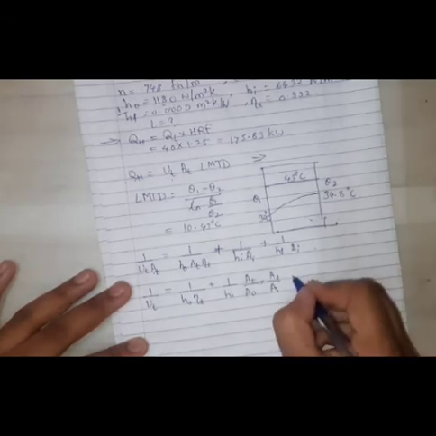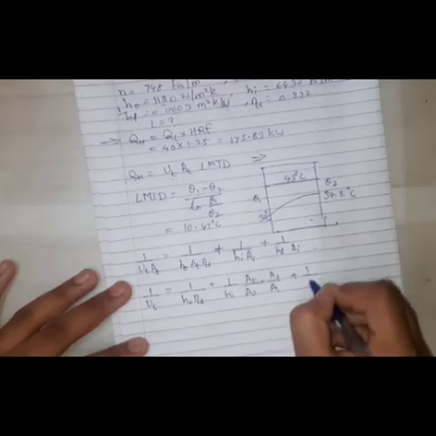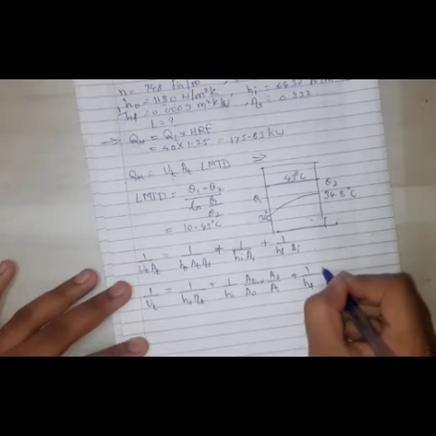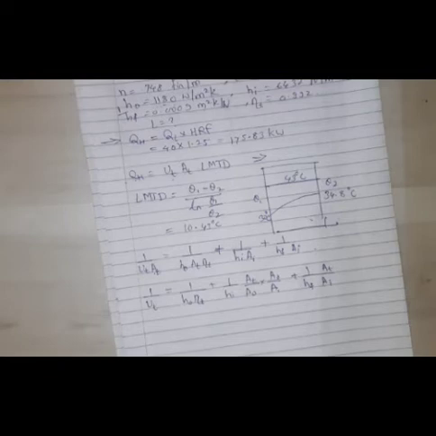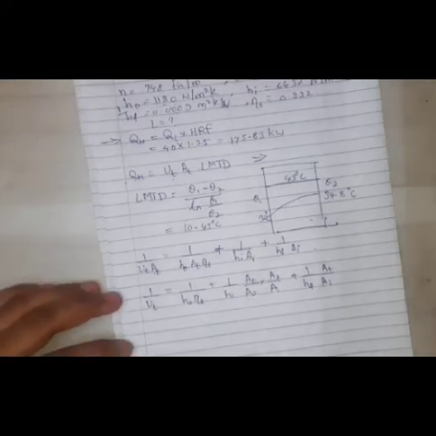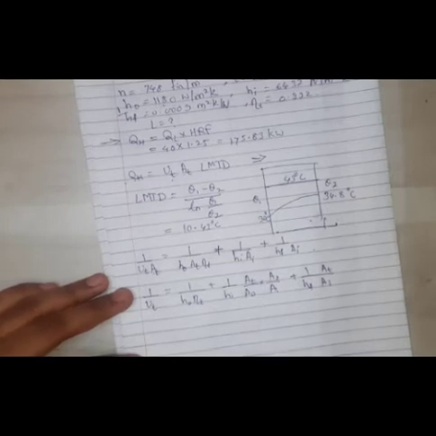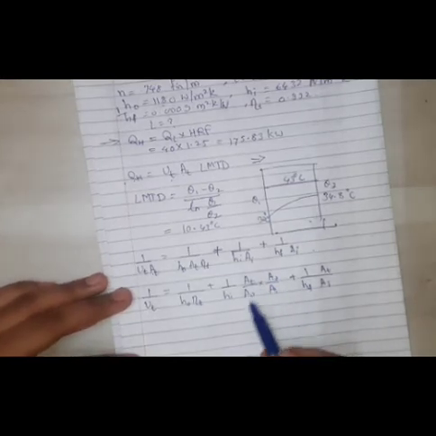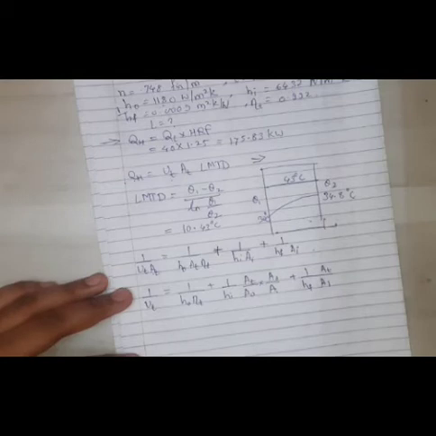Same thing we have done over here, plus 1 upon HF into AT by AI. Let's see whether this will be required or not, and we will work accordingly.